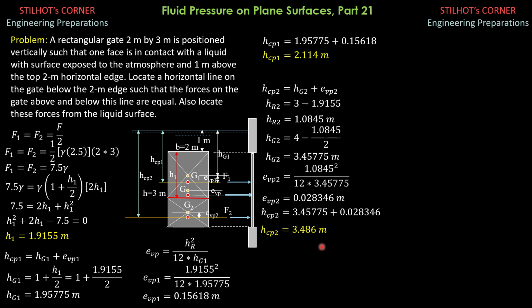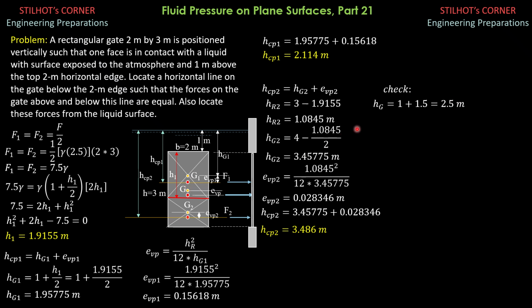To check these two answers for HCP1 and HCP2, we use Varignon's theorem. For the single force, it should act at H sub Cp, and H sub Cp is equal to Hg plus EVP.